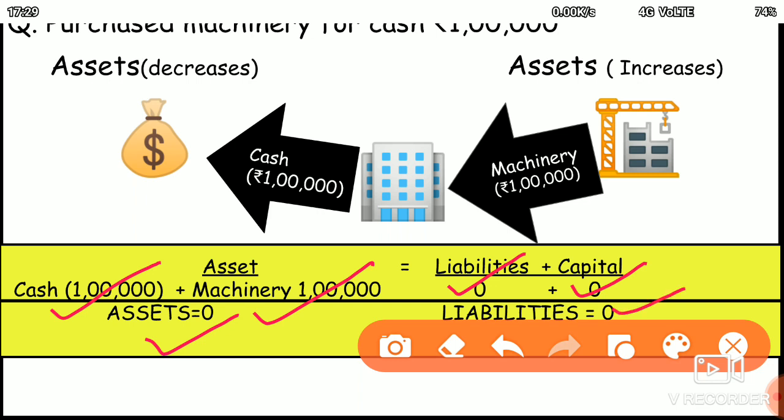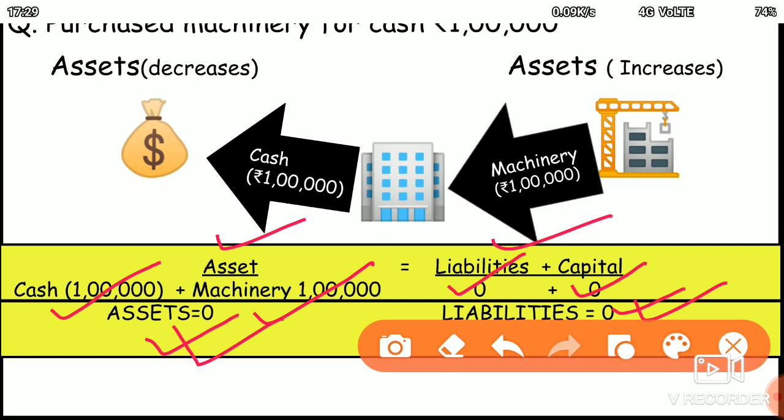Now our conclusion is that after this transaction also, the equation which says that assets are equal to liabilities plus capital remains unchanged. So it satisfies the equation that assets is equal to liabilities plus capital.